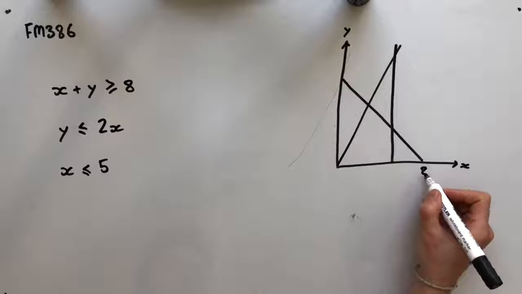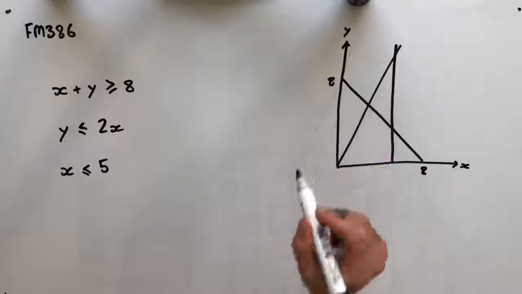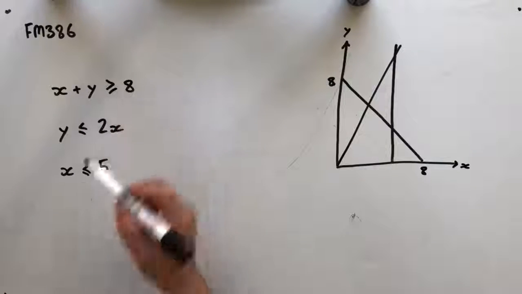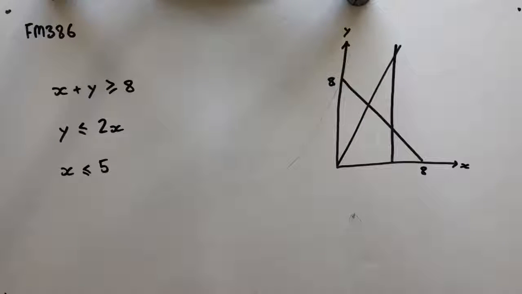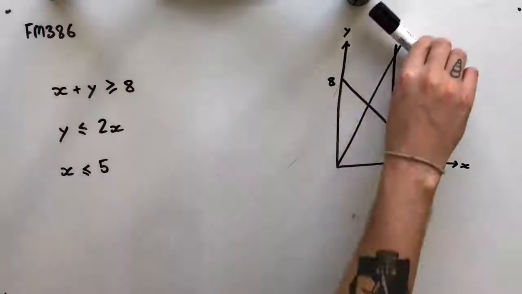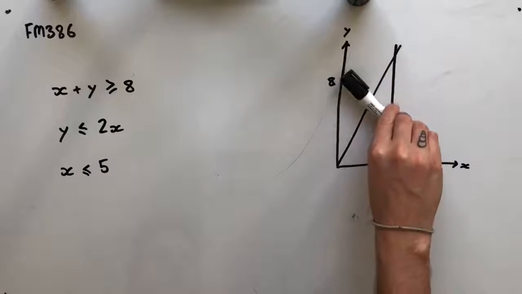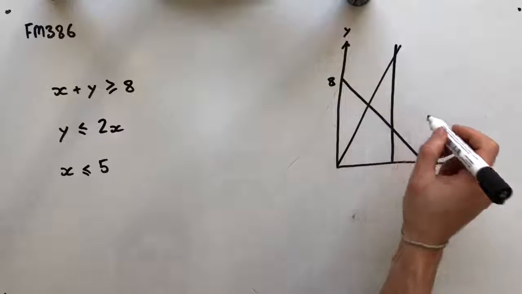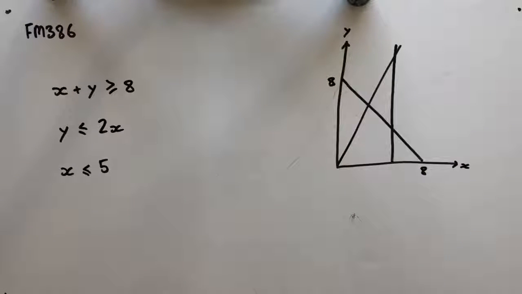I haven't actually drawn them in, but those points would be 8 and 8 on the x and y axis. Because x plus y must be greater than that, we're looking everywhere from this line above. So instantly that's going to knock out options A, B, and D, because we're looking in these spaces up here. So our options have now been reduced to just C and E.